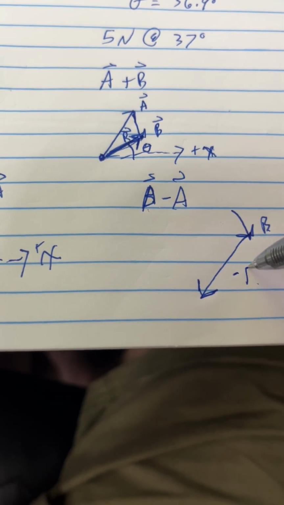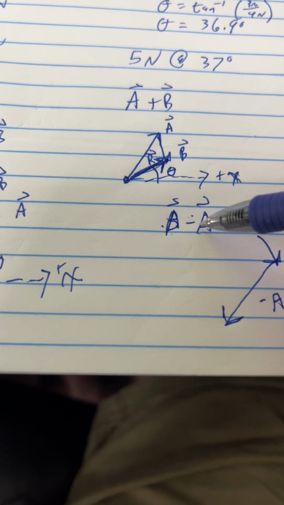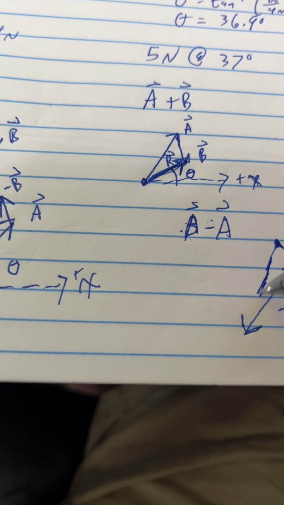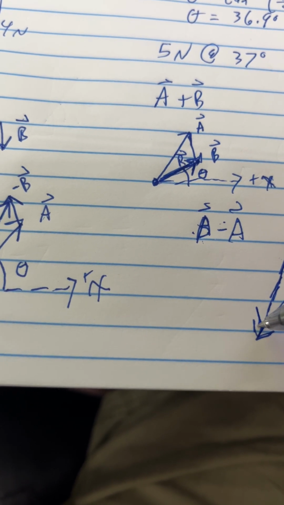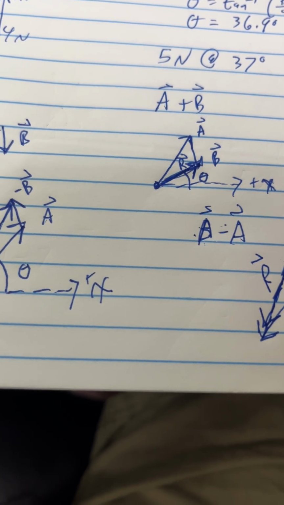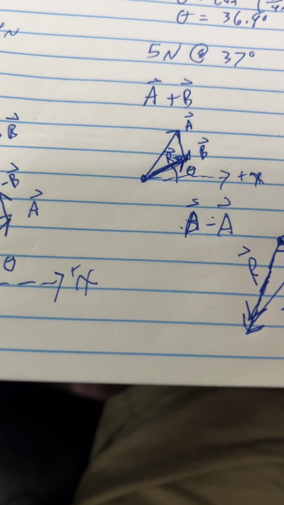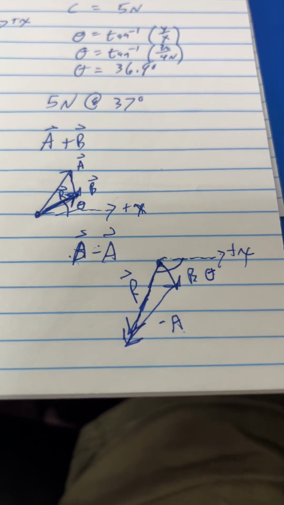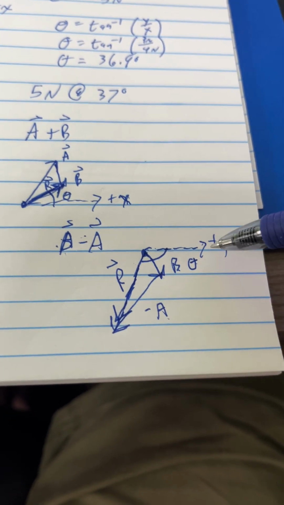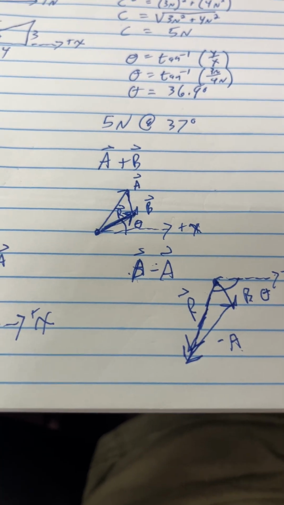So this is my negative A. So I want B minus A. Start with B, end with A. So I'm going to start here, and I would carefully draw in that vector, label it R, put in my positive x-axis, and then that angle would be the angle that I would measure. And because it's going clockwise, because it's below the positive x-axis, that's going to give me a negative angle.